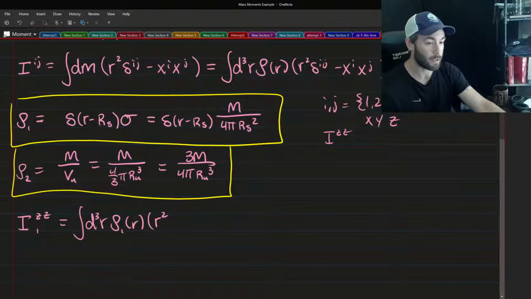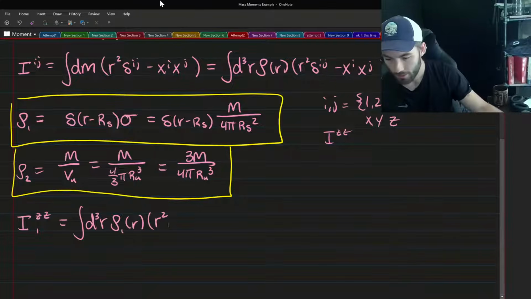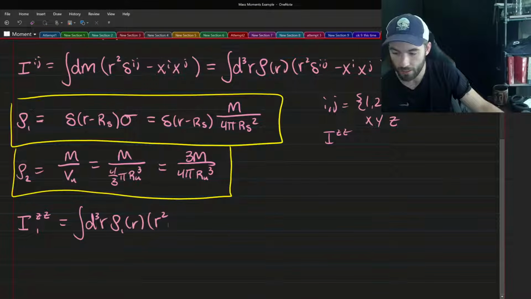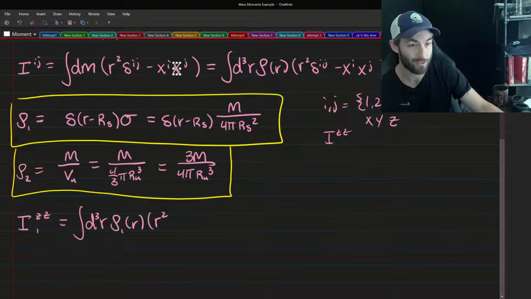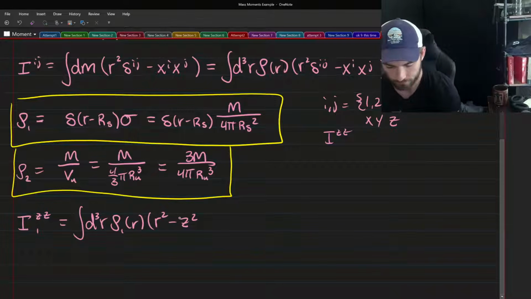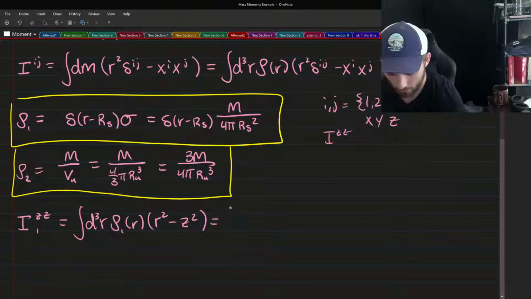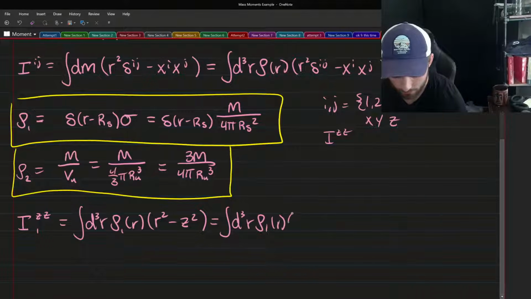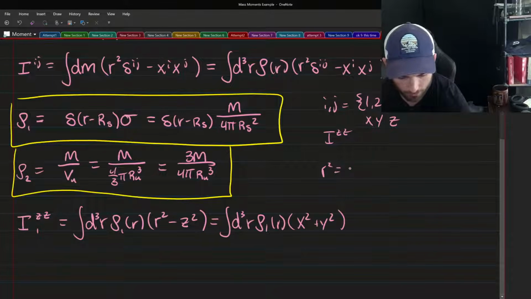Kronecker delta is just the identity matrix, right? So r squared just gets multiplied by 1, and then we're picking out the 3 component. So that's x_3, which is just z, and x_3 again, which is just z again. So we get r squared minus z squared, which is equal to the integral d^3r rho_1 of r times x squared plus y squared, because r squared equals x squared plus y squared plus z squared.